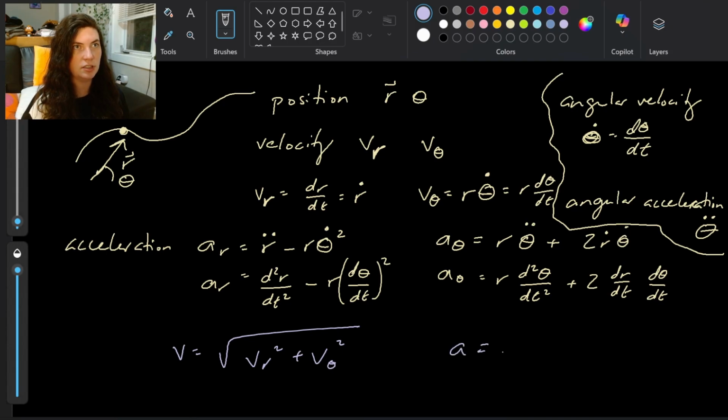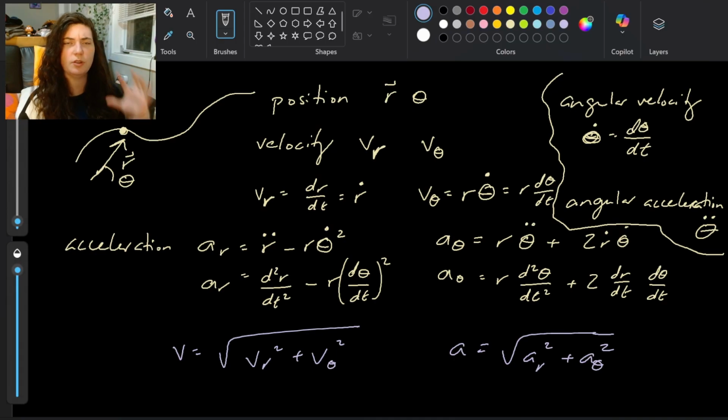And for acceleration, it's the square root of the acceleration in the r direction squared plus the acceleration in the theta direction squared. So those magnitudes still stay the same. It's still the square root of the sum of the squares when finding magnitudes of velocity and acceleration.